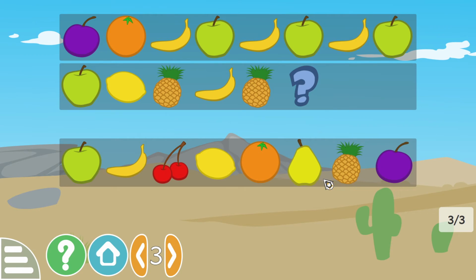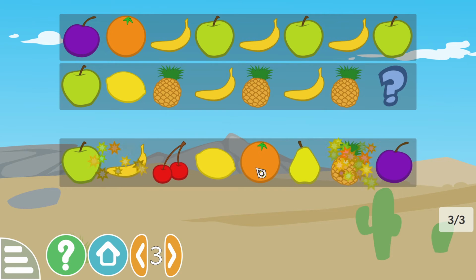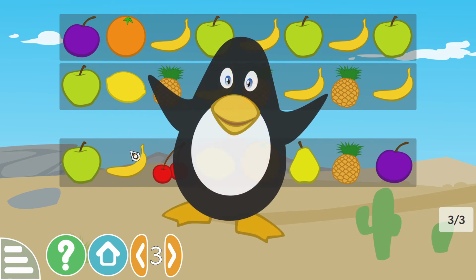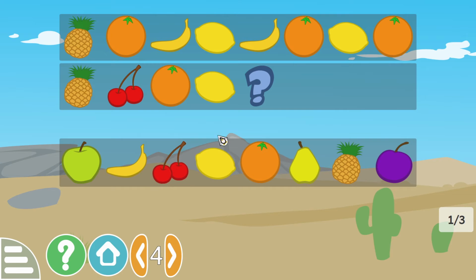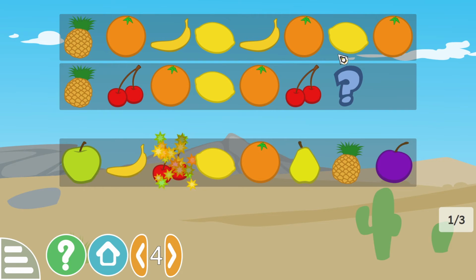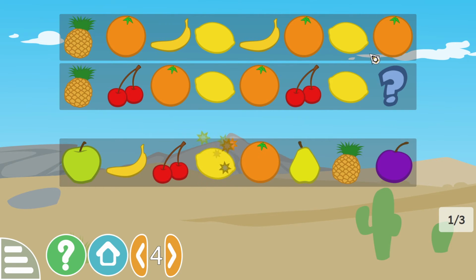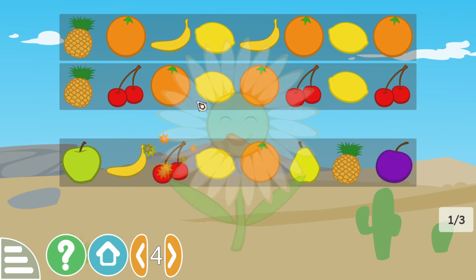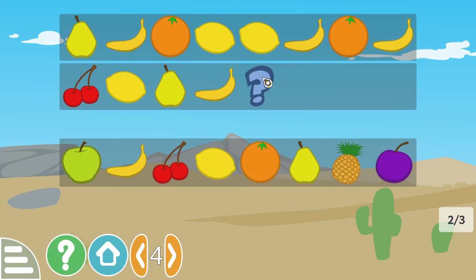So pineapple, banana, pineapple, banana. It's just kicked up a notch. I need orange, and then cherry, lemon, and back to cherry. So lemons are associated with bananas.